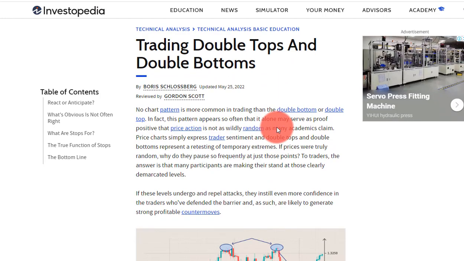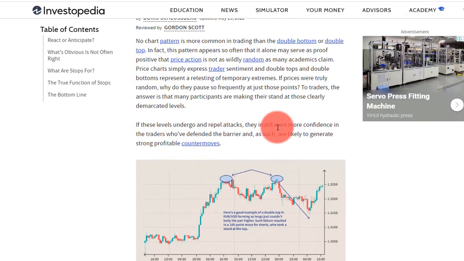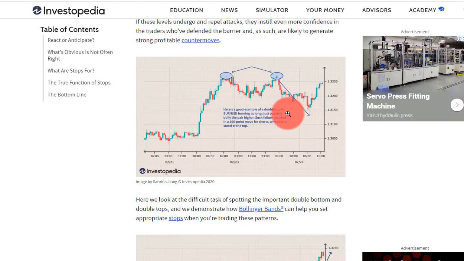No chart pattern is more commonly traded than the double bottom or the double top. It serves as proof that price action is not as random as academics claim. You can see over here on the chart a double top: as the name suggests, two peaks in price.